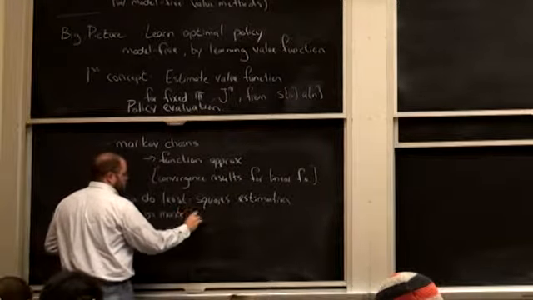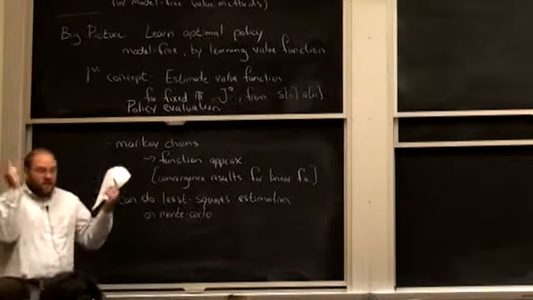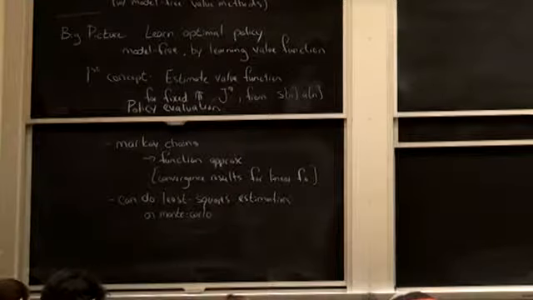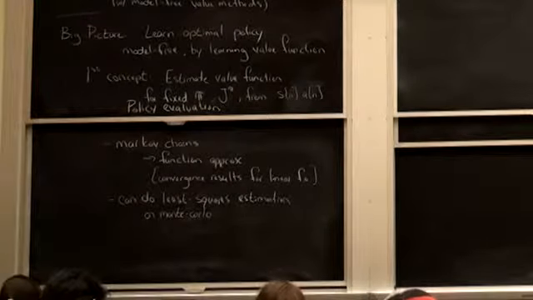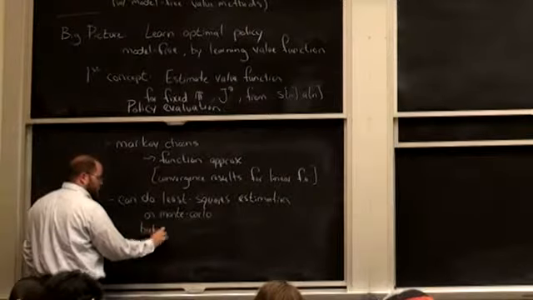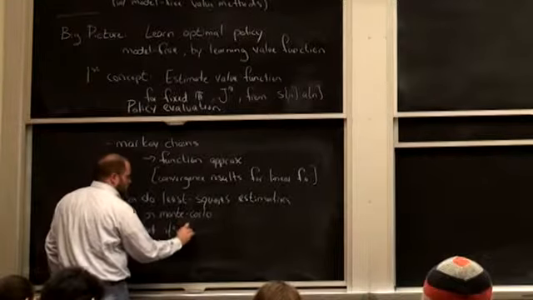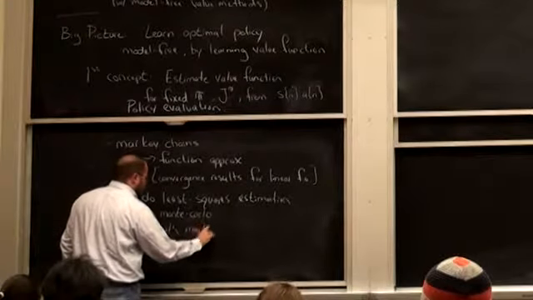Just run a bunch of trials, figure out estimates of what the cost to go was at every time, and then just do least squares estimation. The machinery we developed last time was because it's actually a lot faster to use these bootstrapping algorithms.